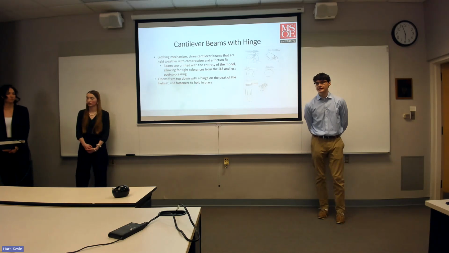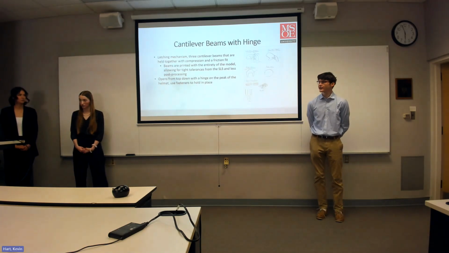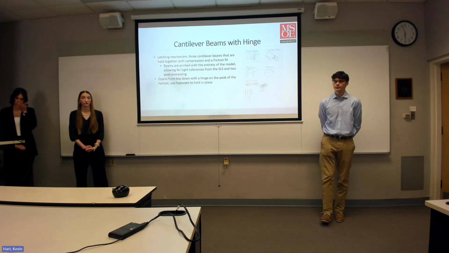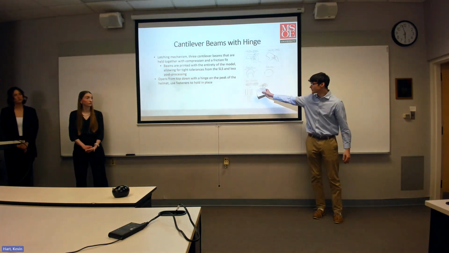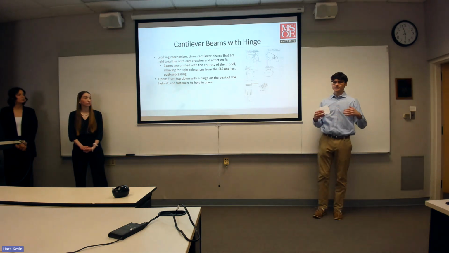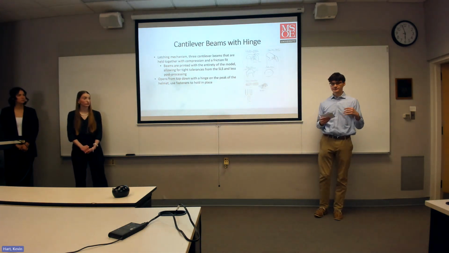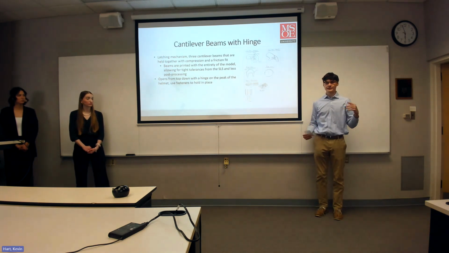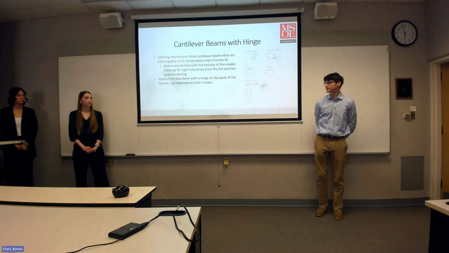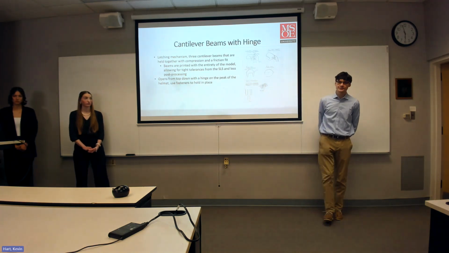And for the third design concept, it's very similar to the first one, except with a traditional latch, we're using cantilever beams to help latch it together. So there's 3 cantilever beams as seen there, offset from each other. So when the user closes the helmet, the beams are pressed down against each other and held together through compression and friction. And then there will also be a notch at the top to help them lock in place.